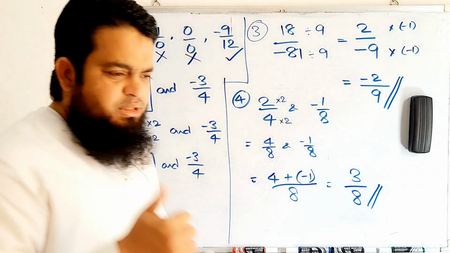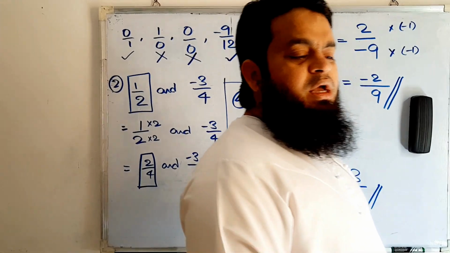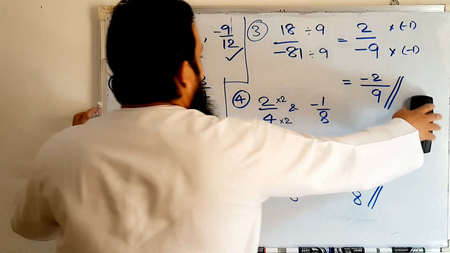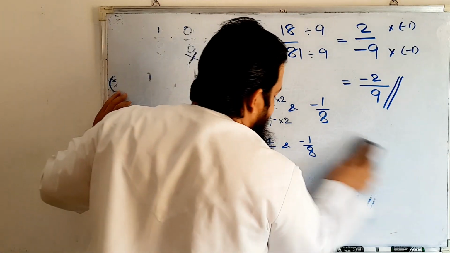Got it? Yes. Now find the value of 1 by 3 divided by 1 by 2. Fifth problem.